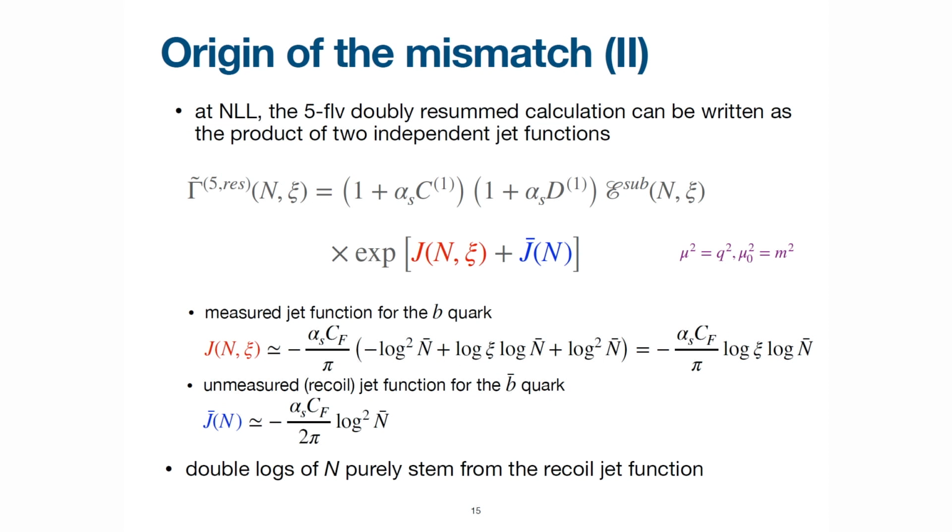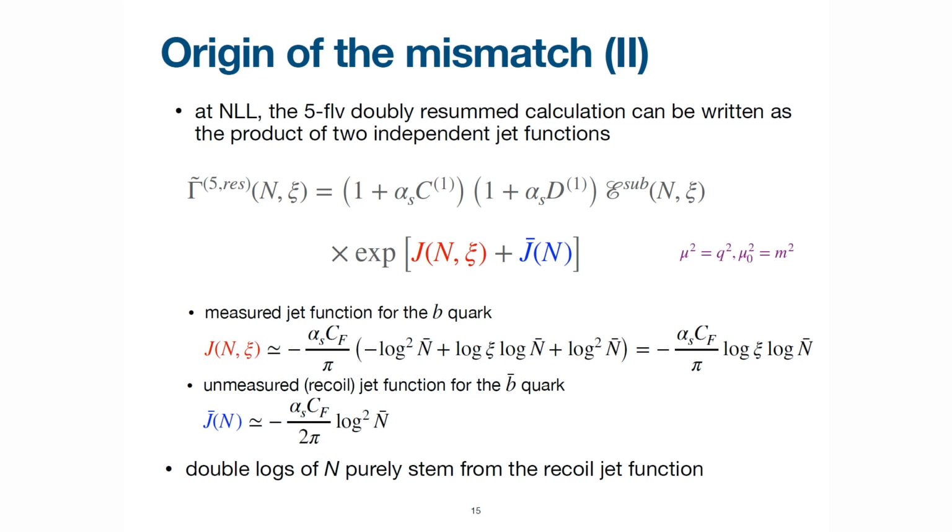And if you take the jet function which refers to the b quark, which is the one you're measuring, then essentially it contains a contribution from the coefficient function, from DGLAP evolution, and from the initial condition. And you see that these two contributions exactly cancel, and you get back only single logs. So the measured jet function is not a problem.